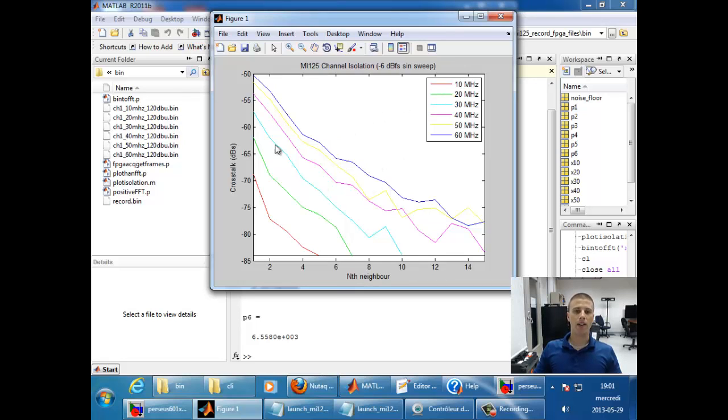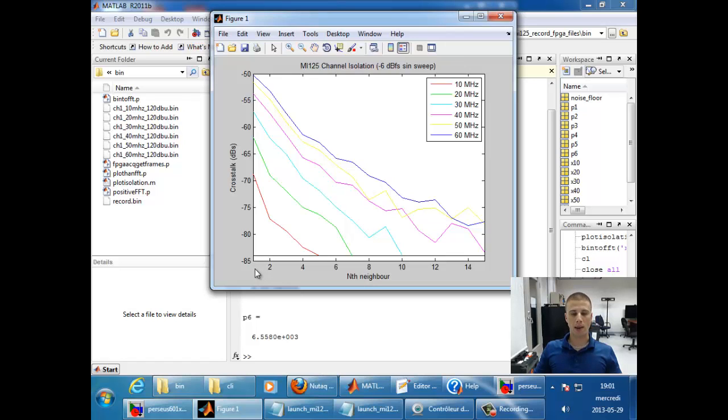So if we take the red curve, which is the result for the 10 megahertz sine wave injected into channel number 1 of the card, where the nth neighbor is equal to 1, that's as a matter of fact the first neighbor.